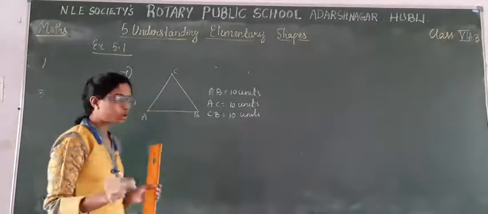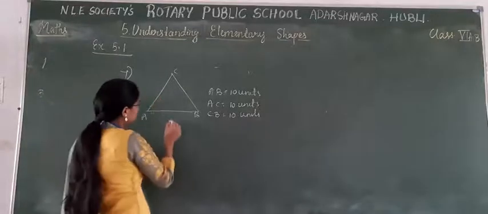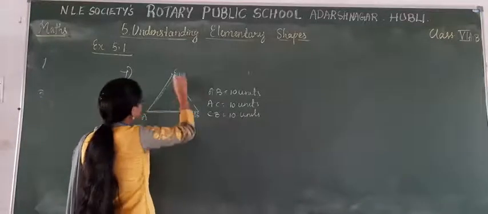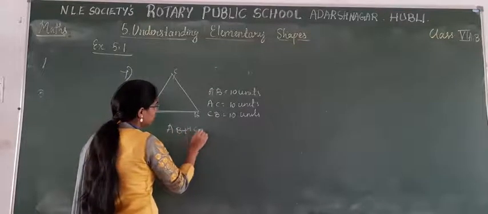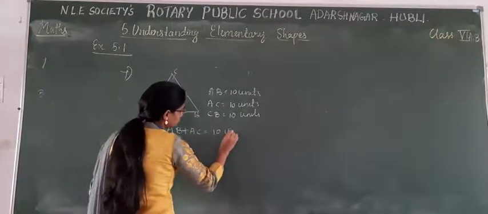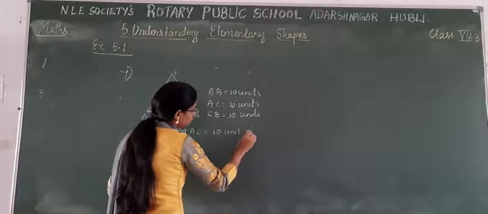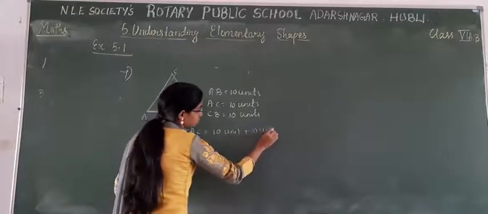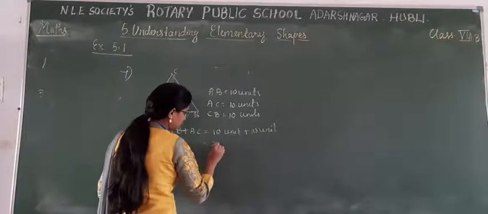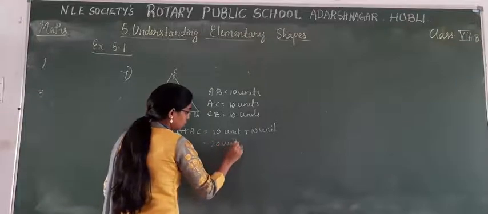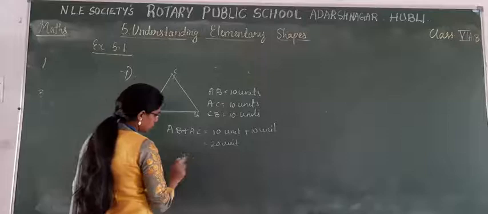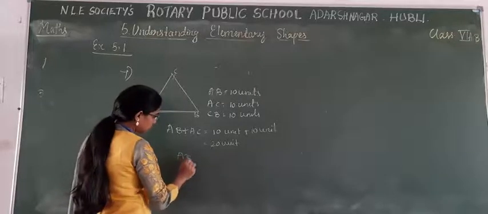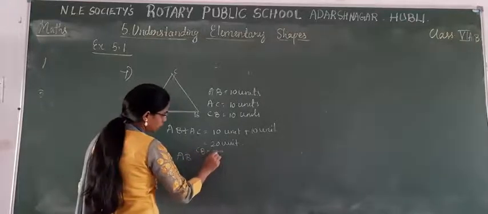So according to the question, add any two sides. Let me add AB and AC. AB plus AC is equal to 10 units plus 10 units, which is 20 units. But when you compare with CB, which is 10 units.